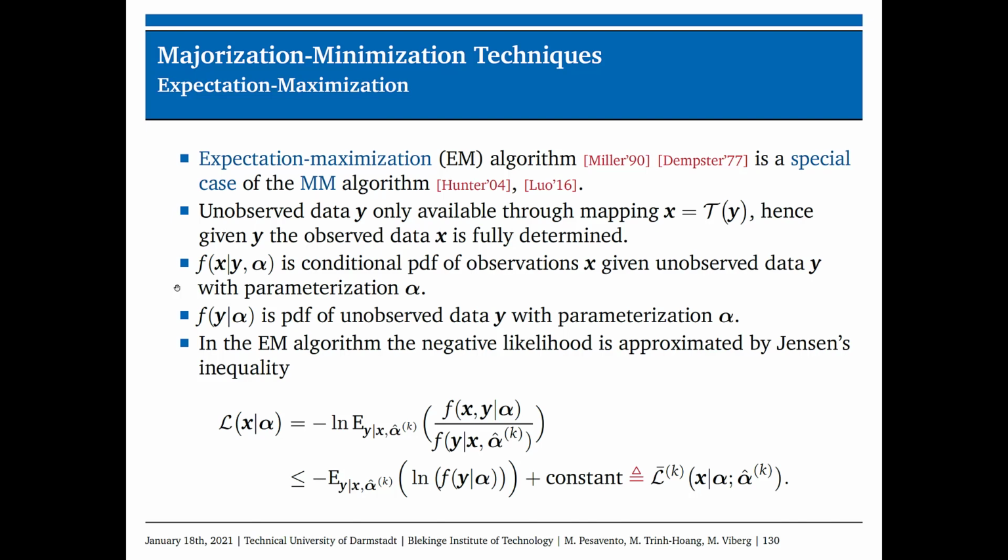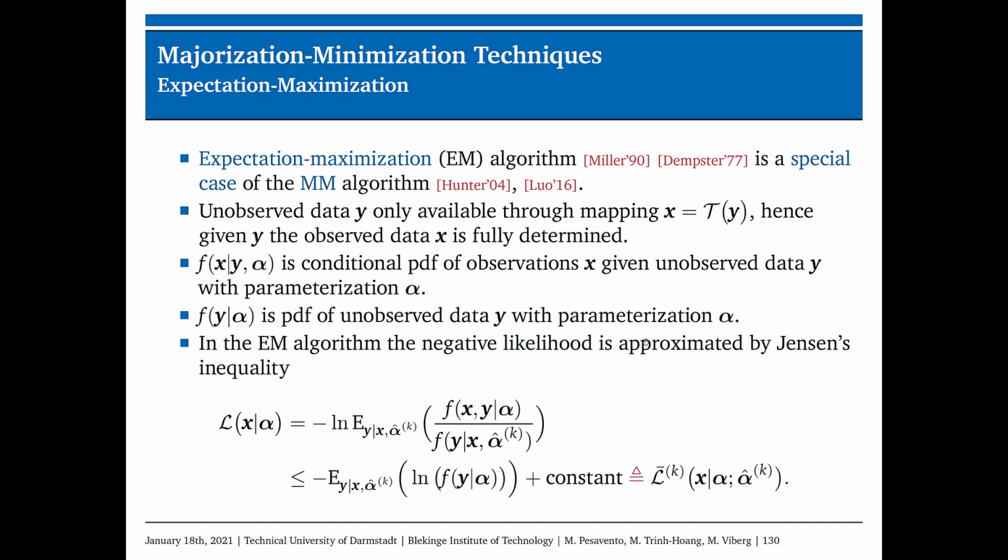Let f of x given y with parameter alpha denote the conditional probability density function of the observations x given the unobserved data y with parameterization alpha. Similarly, let f of y with parameter vector alpha be the probability density function of the unobserved data y.